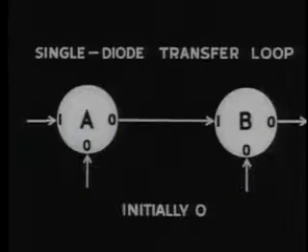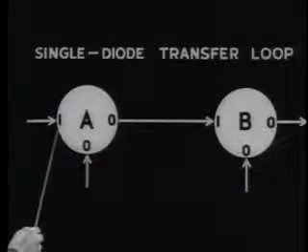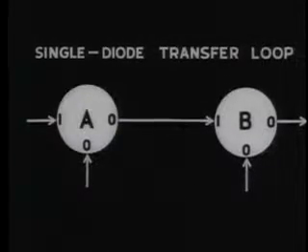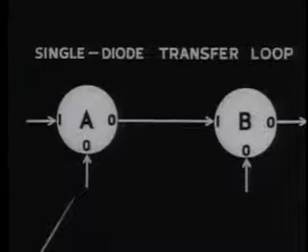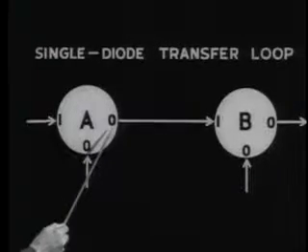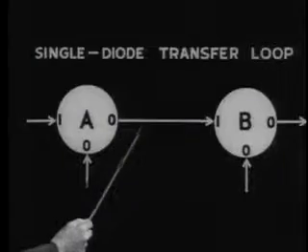The simplest of the three transfer loops has already been described: the single diode transfer loop. In it, we assumed that both cores were initially in the binary 0 state. A non-dot input pulse switched core A to the binary 1 state without affecting core B. Later, a dot pulse applied to the shift winding cleared core A back to 0. The flux change in core A produced an output there.